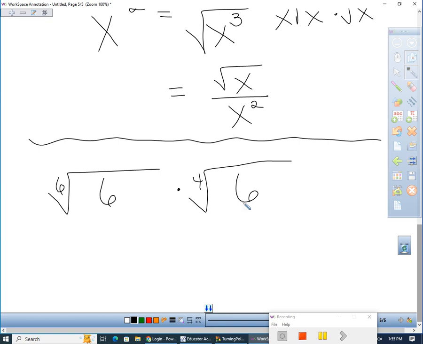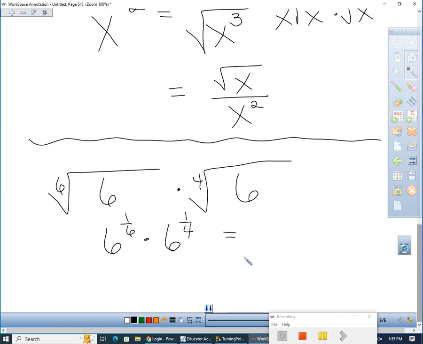Well, I can't multiply those together, right? Different dimensions. However, let's see what happens if we change them to fractional exponents. So I have 6 to the 1/6 times by 6 to the 1/4.